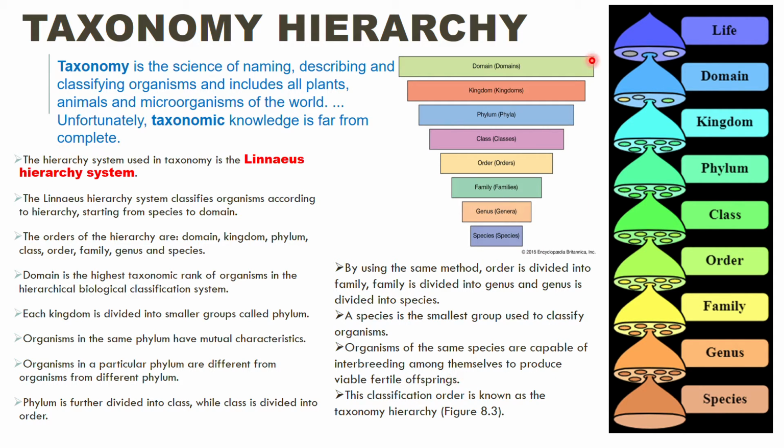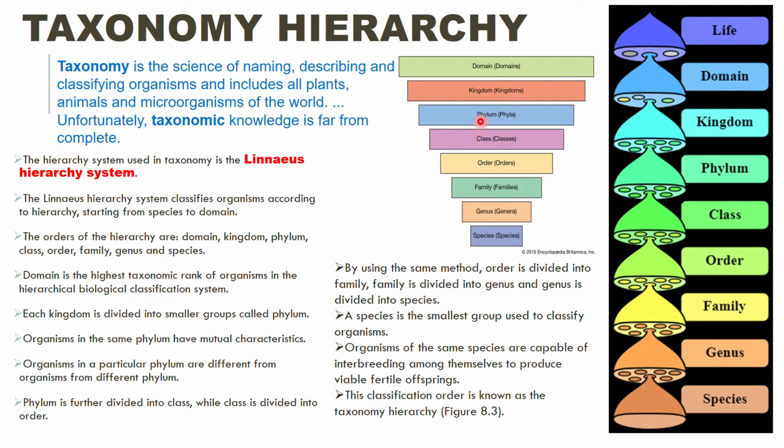Jadi this classification order is known as the taxonomy hierarchy. Jadi kamu hanya perlu mengingat the highest up to dia punya division sehinggalah the smallest group, and that is species. As you can see right here, domain, domains, kingdom, kingdoms. Maksudnya ada S itu adalah plural.